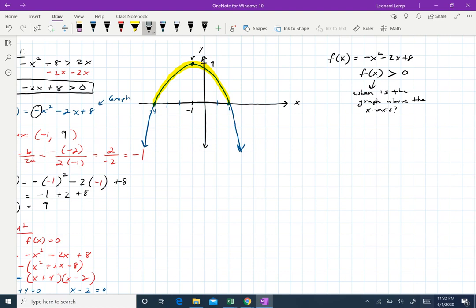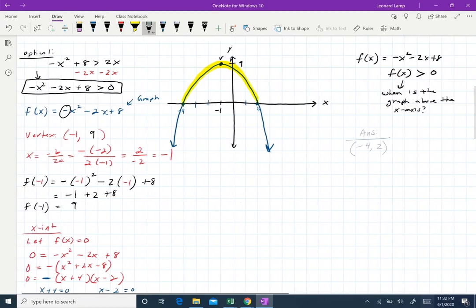So the way that we answer this question, we say it's going to be greater than 0. The answer is going to be: it's above the x-axis from -4 to +2, not included, with parentheses around both. I'll explain when we'd have inclusions in just a second.